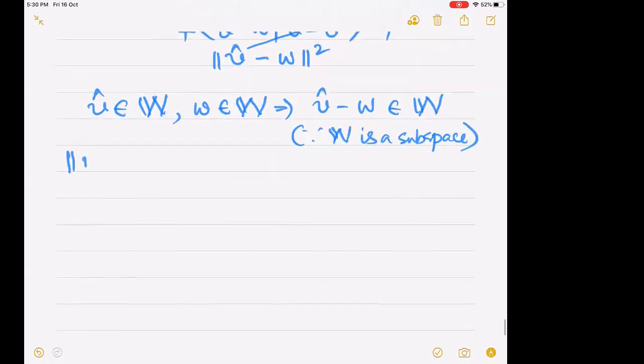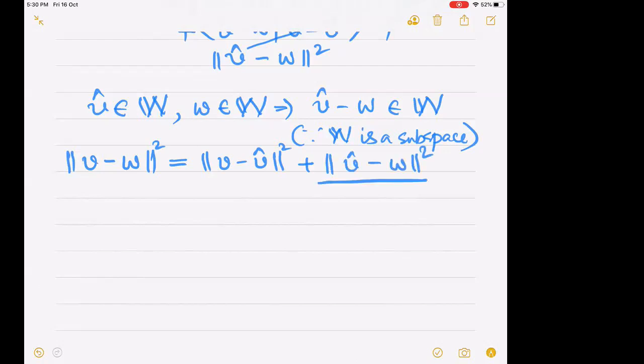‖V − W‖² is equal to ‖V − V̂‖² plus ‖V̂ − W‖². But this is a norm squared, right?